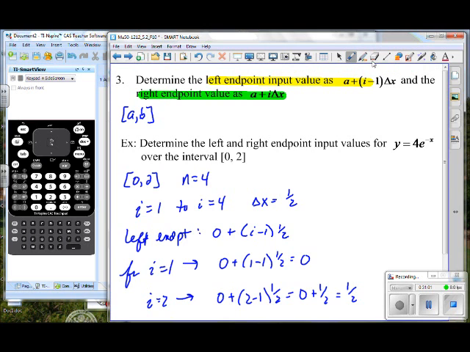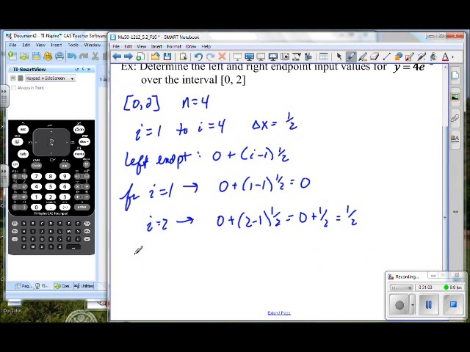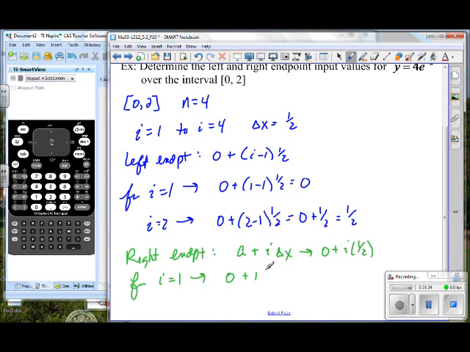And so for the right endpoint, we're going to use a plus i delta x. In this case, that's going to be 0 plus i times 1/2. And so now for our first rectangle, we should have 0 plus 1 times 1/2, or 1/2.